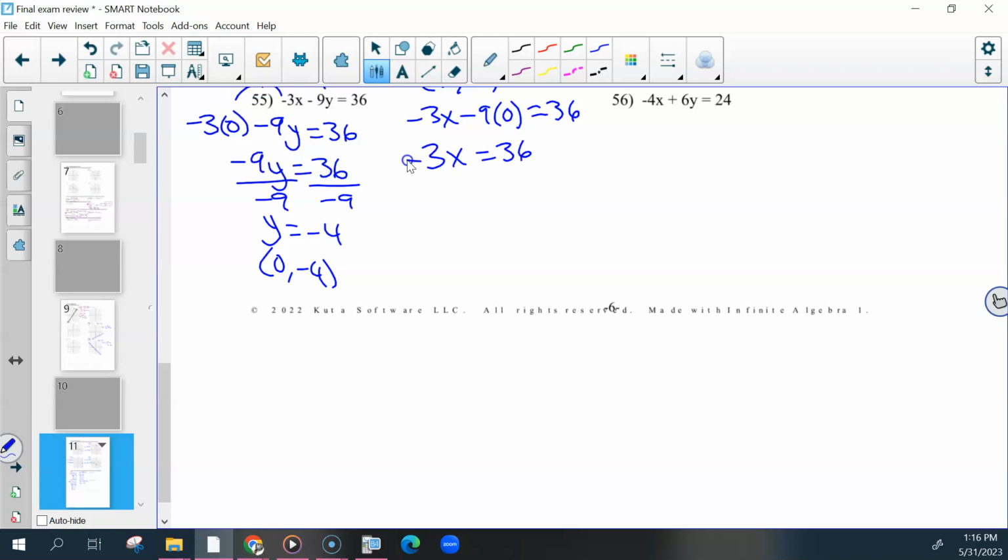Divide both sides by negative 3. So then write that as an ordered pair: negative 12, 0. Did we need to see one of the other ones?